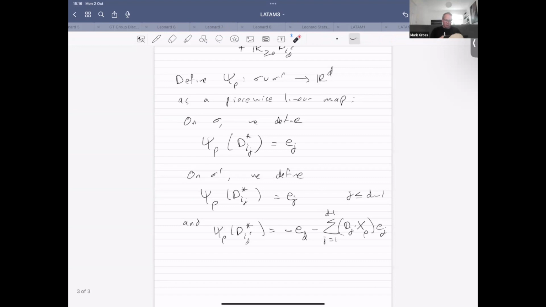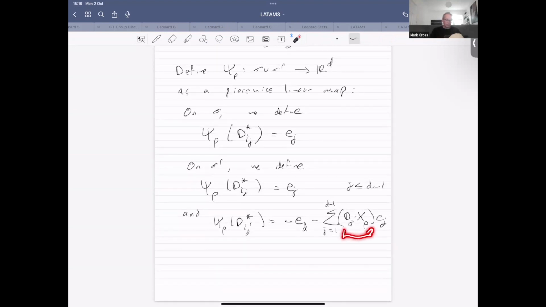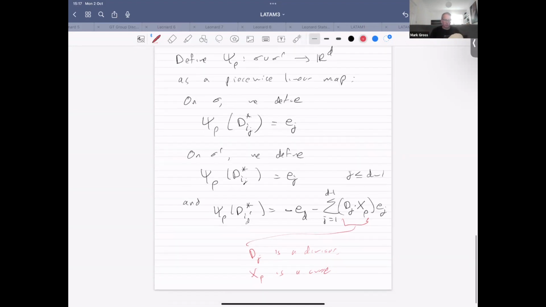Okay, so here X_rho is a curve. Let's look at what this means. D_j is a divisor. X_rho is a curve. And the intersection of something which is dimension 1, namely X_rho, with something that's codimension 1, namely D_j, makes sense as a number. Those things will have some intersection number.